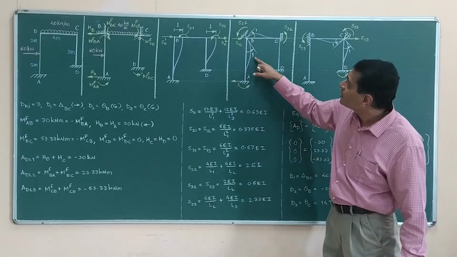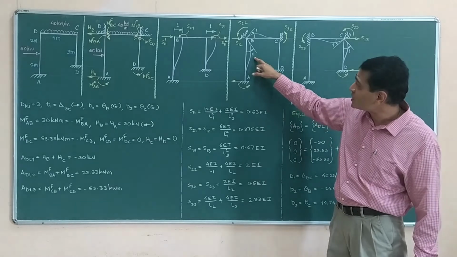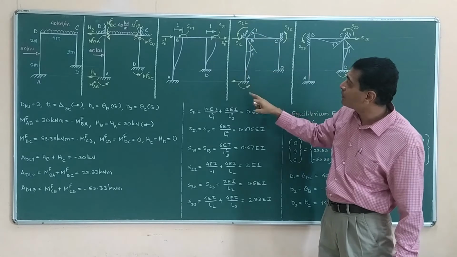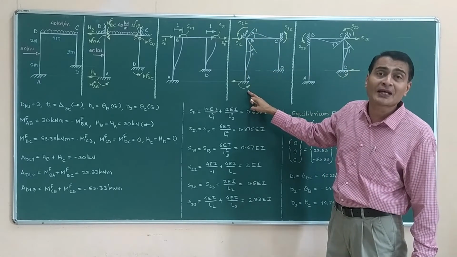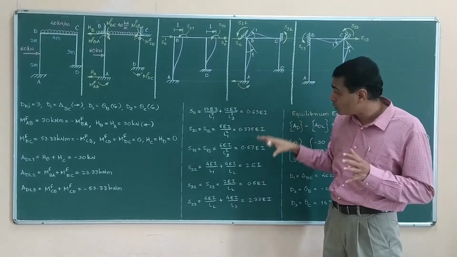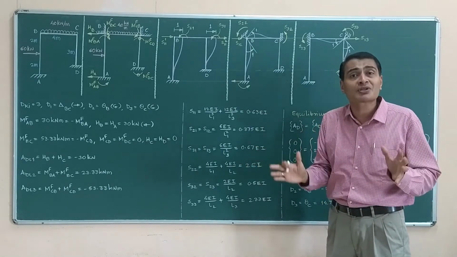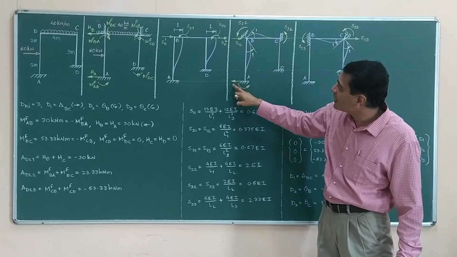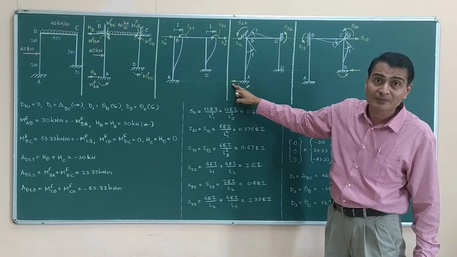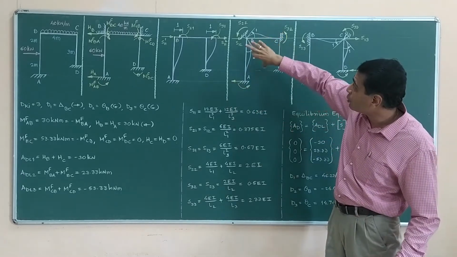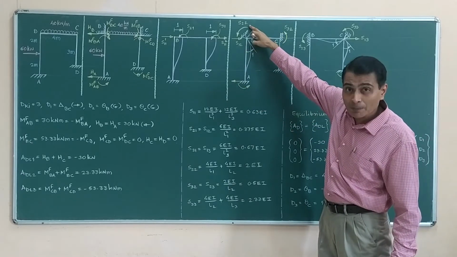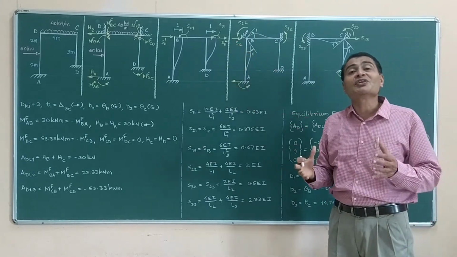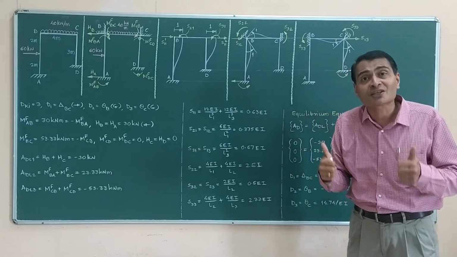Also, whenever I generate this unit rotation, this is 4 EI upon L1 for this member, and this will be 2 EI upon L1. We know it, but we are not considering it here because that is none of our stiffness coefficients. However, simultaneously a reaction like this and like this is generated. Whenever you are giving unit rotation, there is this couple moment, and these two simultaneously generated end shears or force reactions.